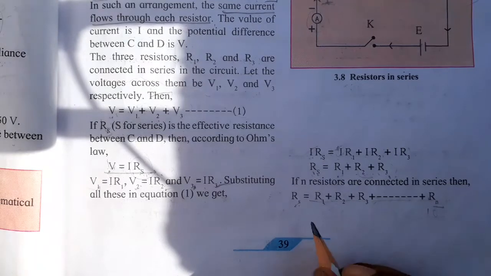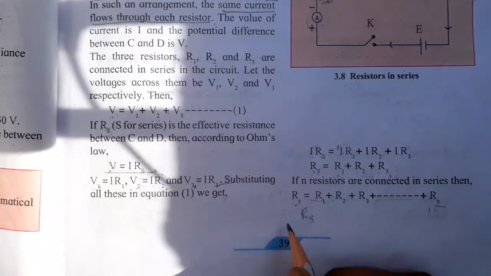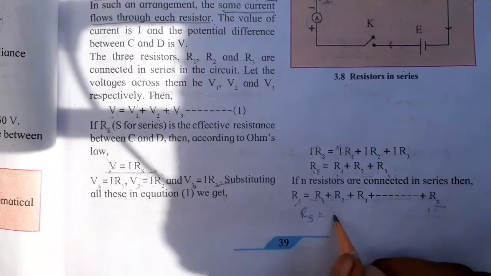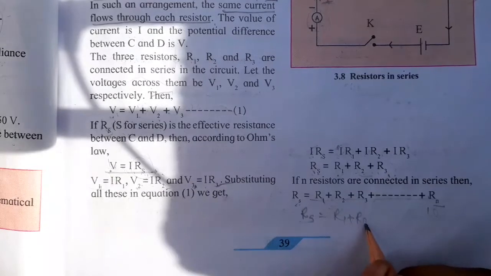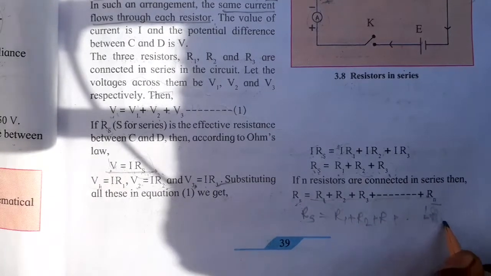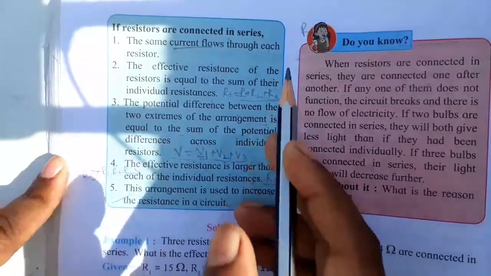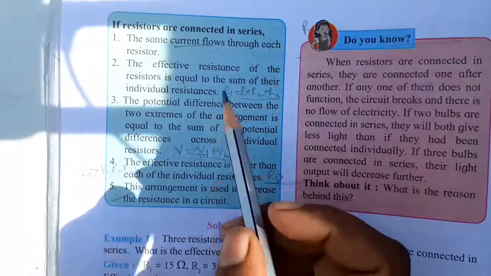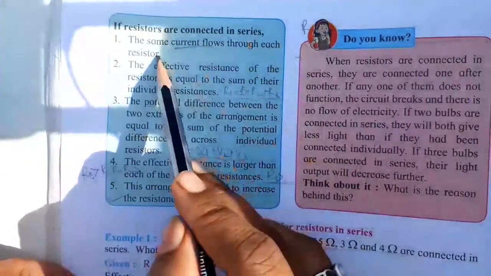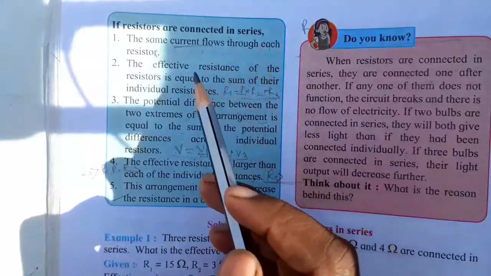Suppose we take 10 resistances, then the effective series resistance RS is equal to R1 plus R2 plus R3 up to R10. Now see what happens when resistors are connected in series. The same current flows through each resistor.